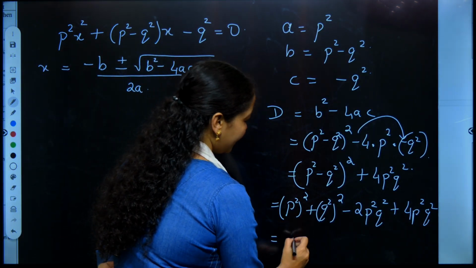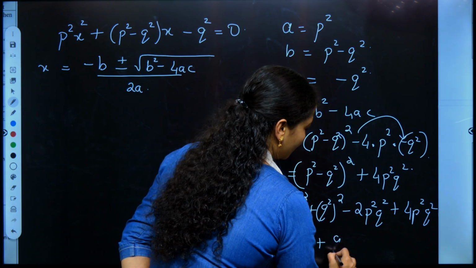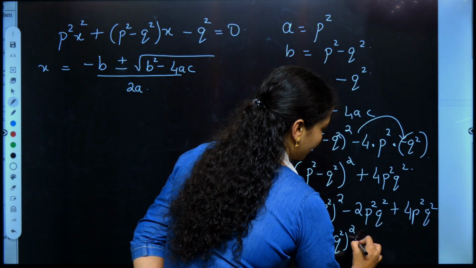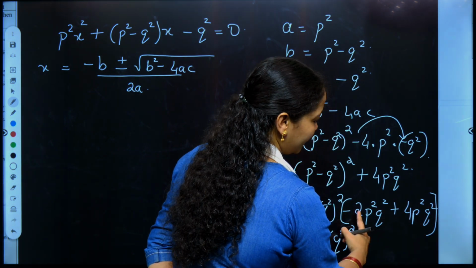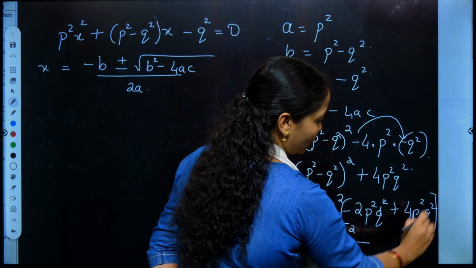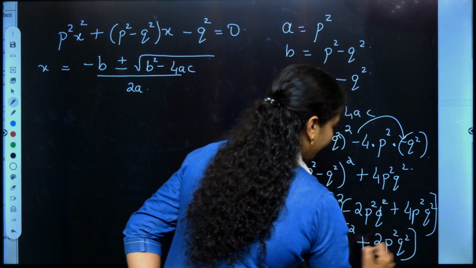Now I am writing p square the whole square as it is, q square the whole square as it is, and when I have minus 2p square q square plus 4p square q square, this is giving me plus 2p square q square.